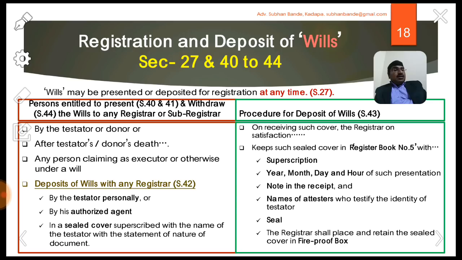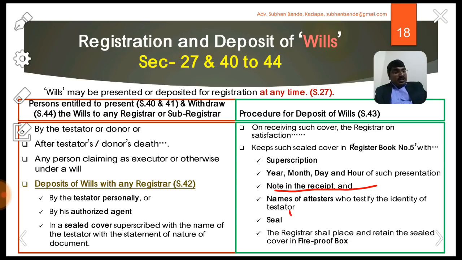The registrar, on satisfaction, keeps such sealed cover in book number 5 with a superscription of the name of the testator and nature of the document, the year, month, day and hour of such presentation, a note on the receipt if necessary, and the names of the attestors who testify the identity of the testator, at least 2 attestors.